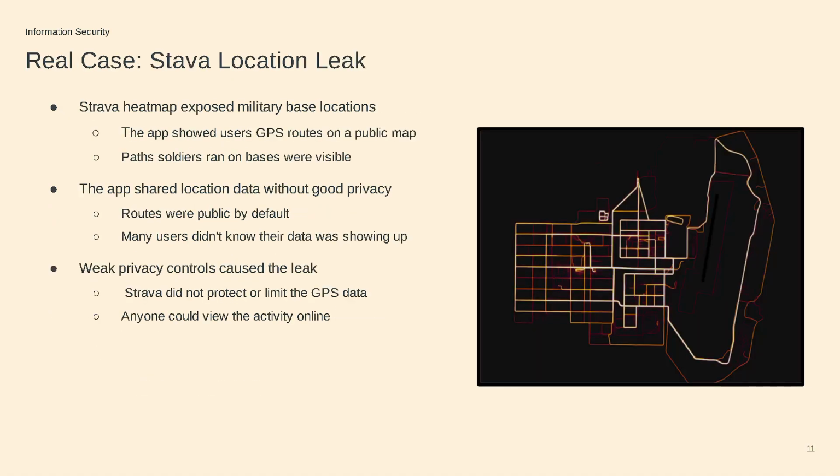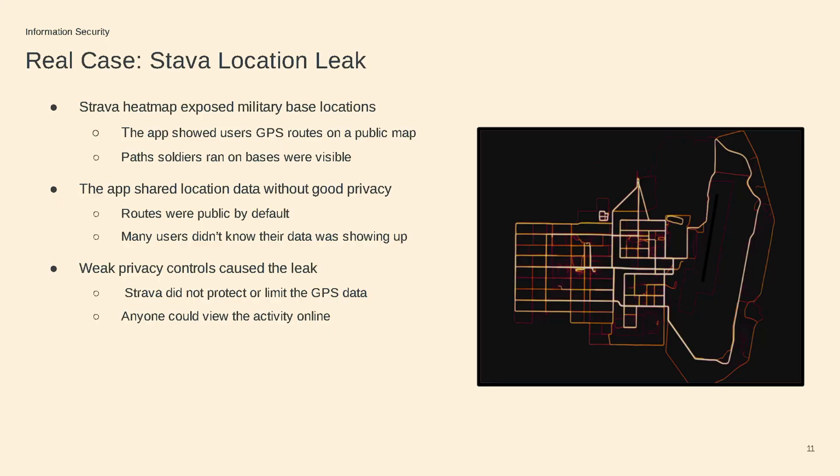For my real case, I have the Strava app, where they had a location leak for a military base. This is a real example of a data leak from the app Strava. Soldiers would use the app to track their exercise daily.